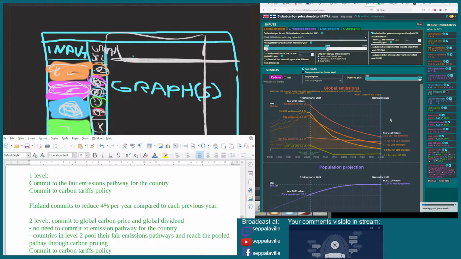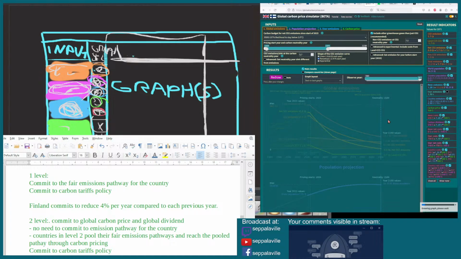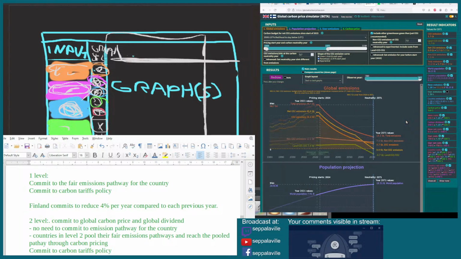Okay, now it's done. But imagine we went to 2050 or something like that. Those lines would go through here and they would continue.